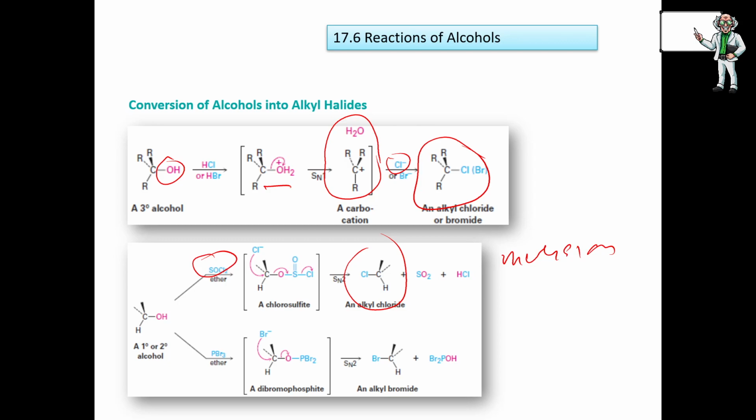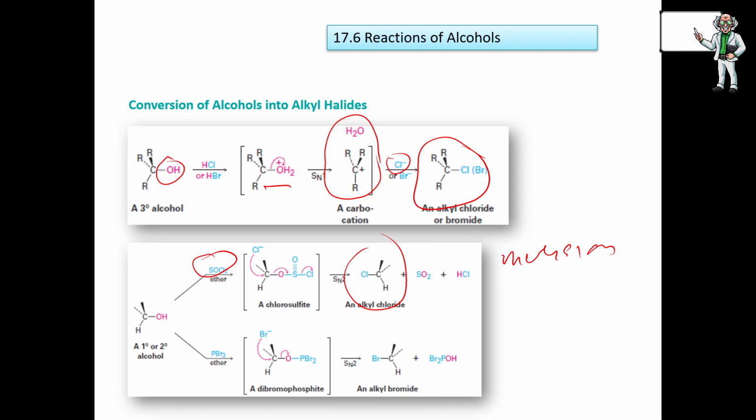Okay? And now you have the reason why it works only with primary and secondary alcohols, because the reaction is going through an SN2. If we are using a tertiary, simply, the nucleophile cannot arrive to do the SN2, for the reason that we explained in the chapter of substitutions.